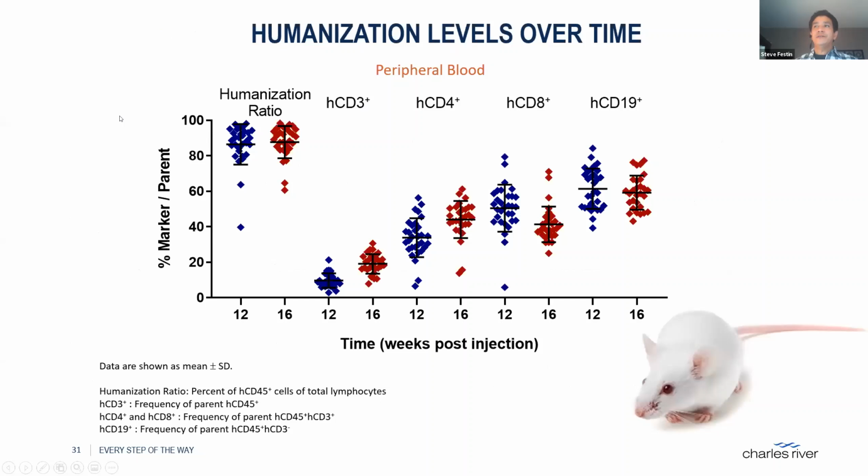And as I mentioned a bit earlier, a few slides ago, when we were initially looking at the best time to do the quality control, we tested at 12 and 16 weeks. And so looking at CD3 T cells, B cells, as well as the CD4 and CD8 subtypes, we did still see a bit of an increase between CD3 and the CD19.